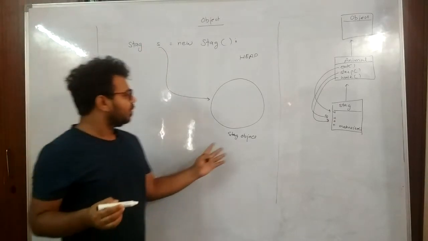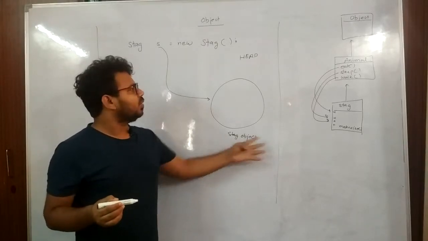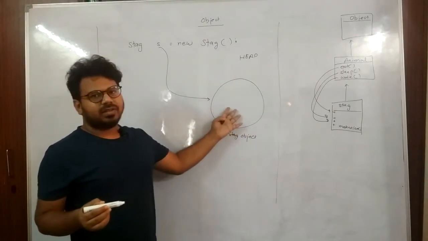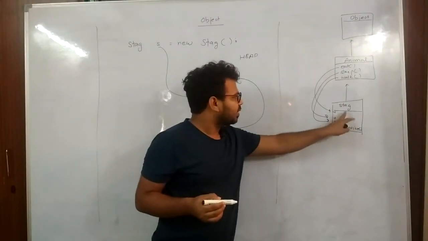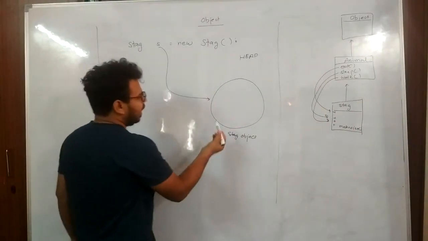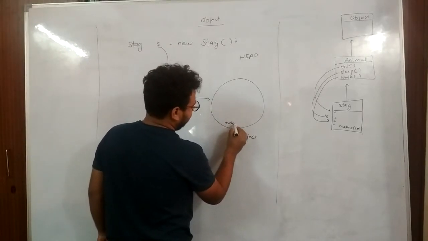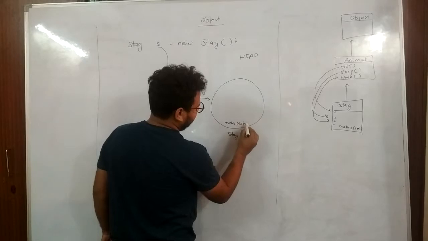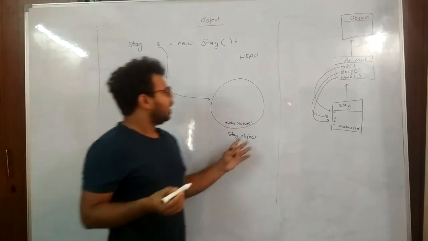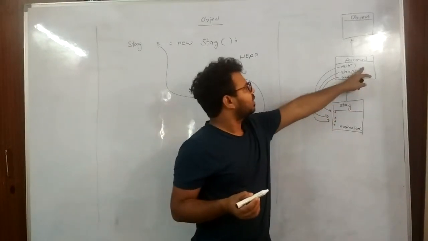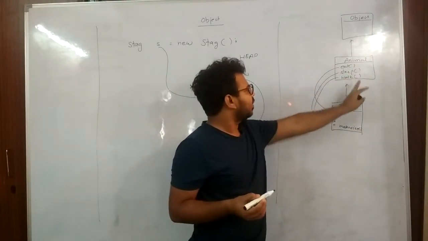Now think of how these methods are inside here. This Stack object will have a makeNoise method. And there are three methods that are inherited from Animal, that is eat, sleep and walk.